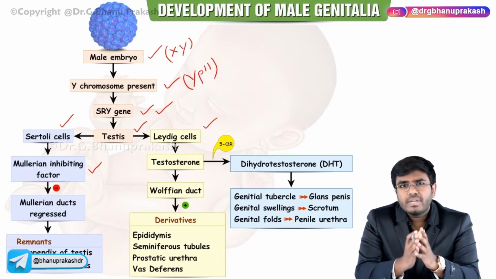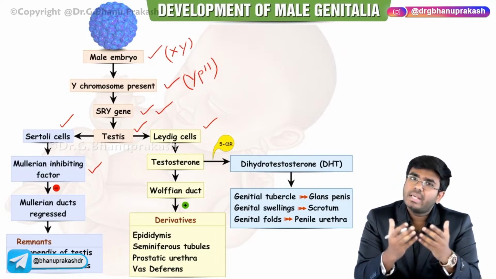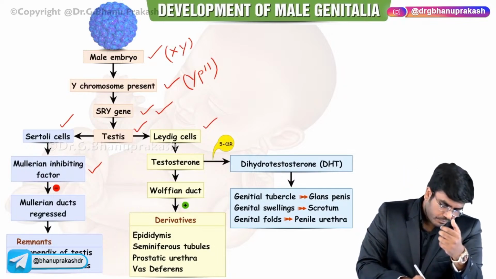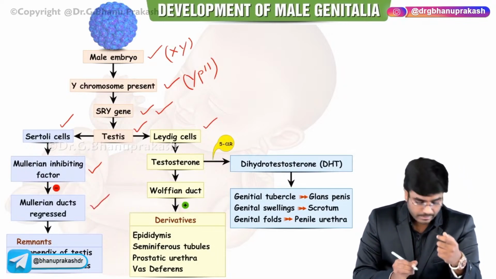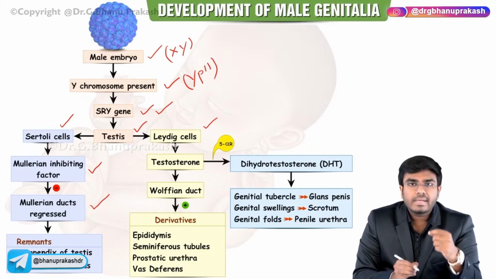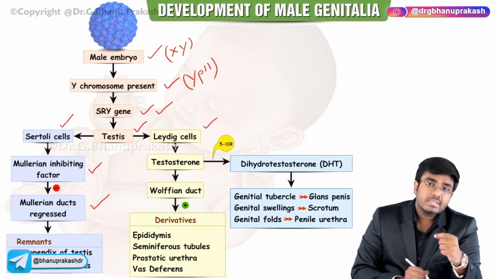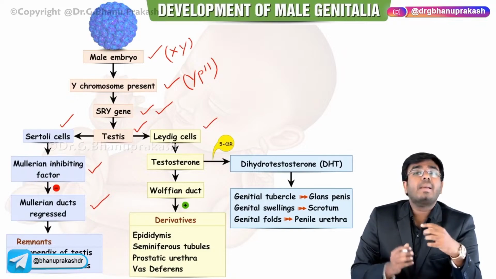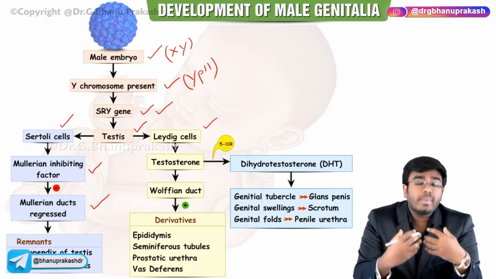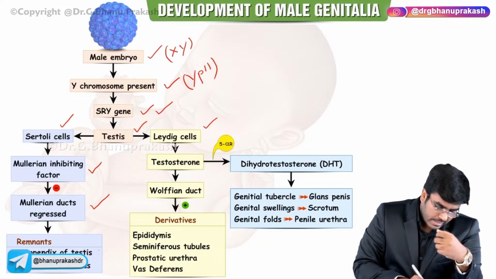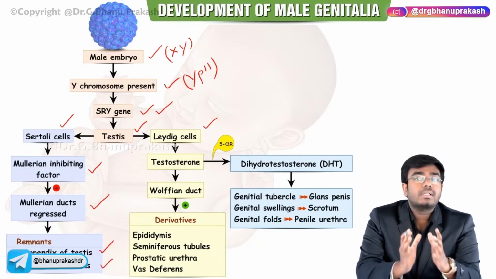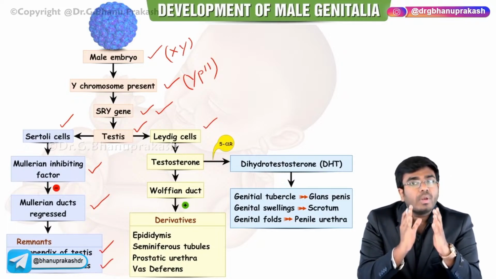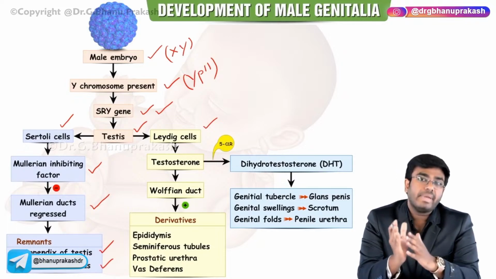No. In a male fetus, there is no need for Mullerian ducts. So Mullerian ducts regress because of the Mullerian inhibiting factor. These Mullerian ducts are present in a male as certain remnants. What are those remnants? Appendix of testis and prostatic utricle. So these are the remnants of the Mullerian duct in the male.